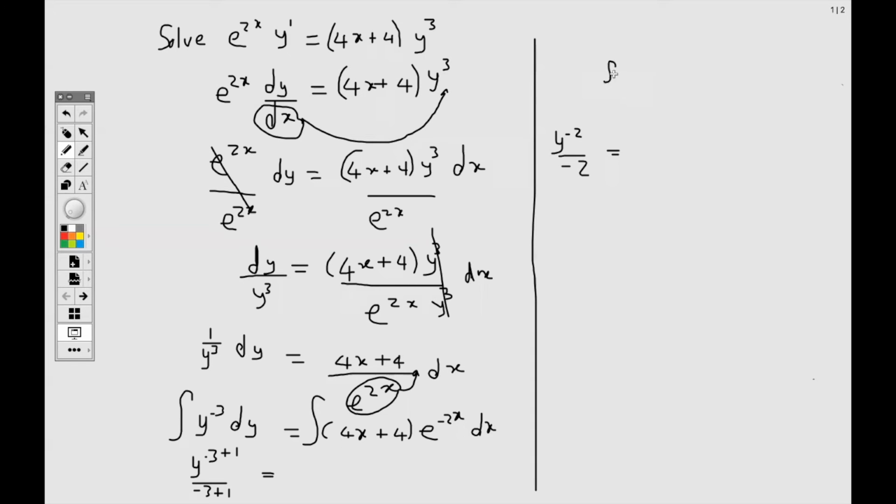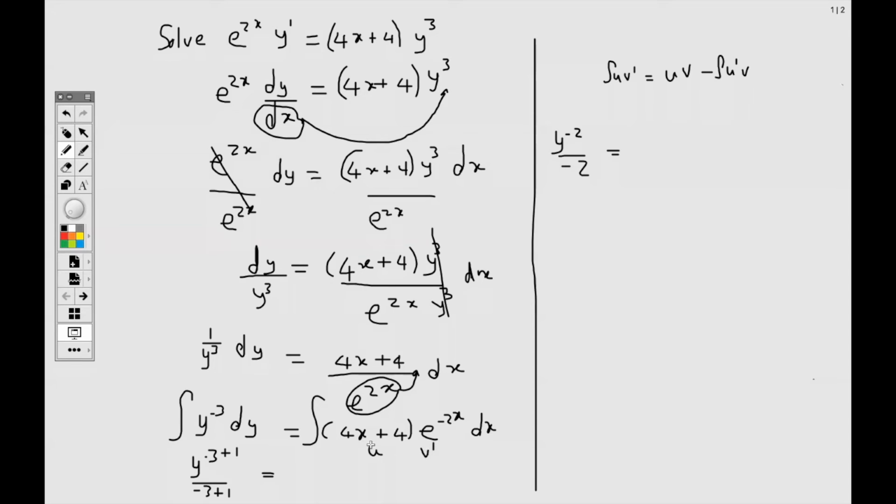The integral of u v prime is equal to u v minus the integral of u prime v. So we assign one to be u and one to be v prime. I'll assign the 4x plus 4 to be u and e to the minus 2x to be v prime.